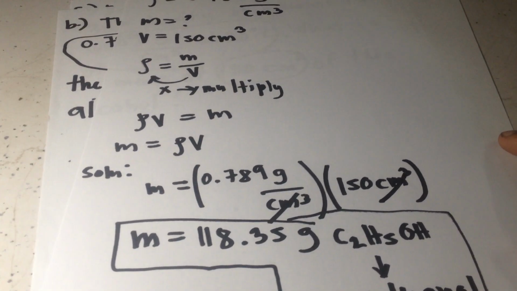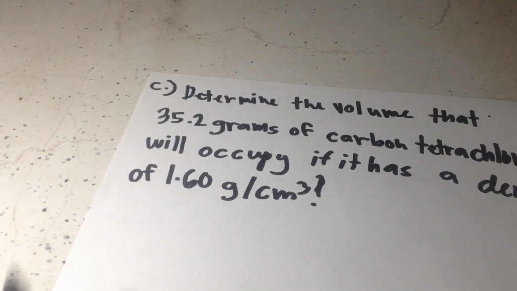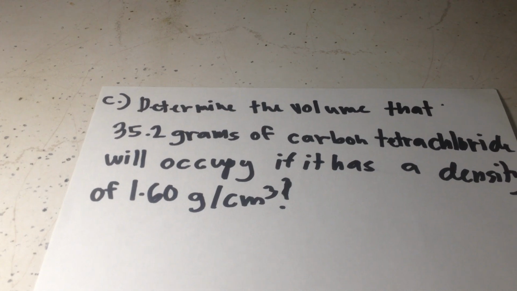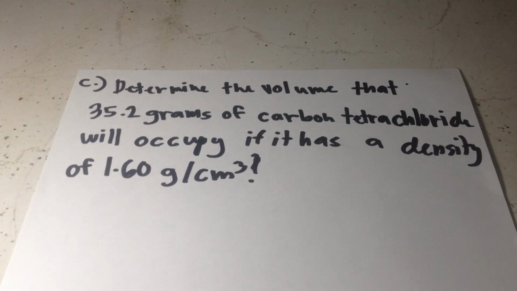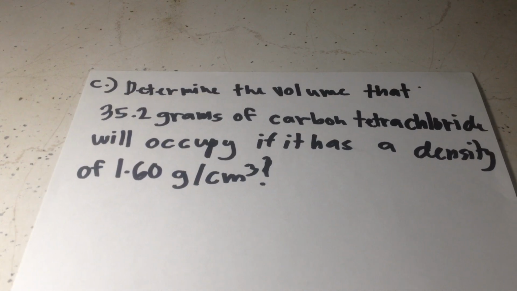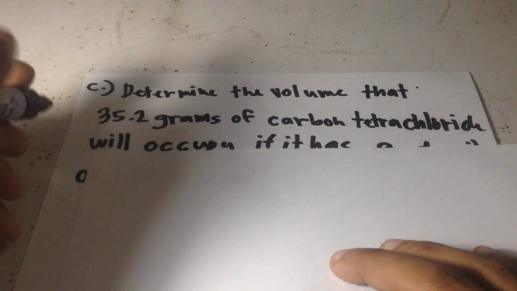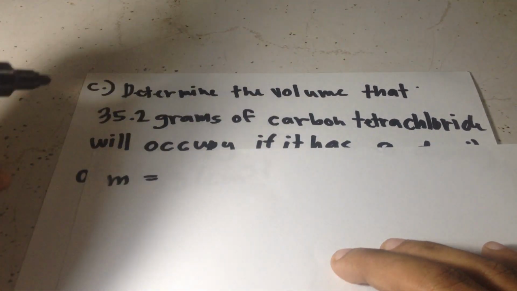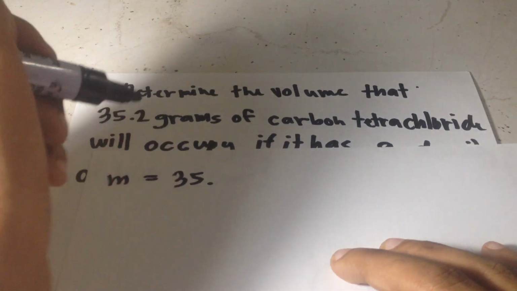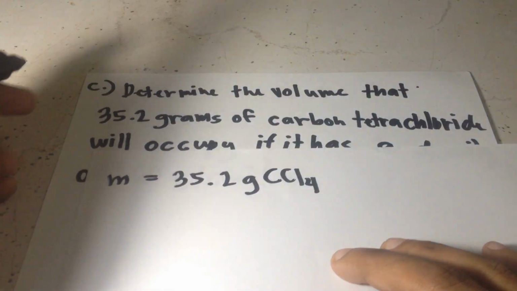So that's it. Then how about letter C? Letter C is another problem. Determine the volume that a mass of 35.2 grams of carbon tetrachloride will occupy if it has a density of 1.6 grams per cubic centimeter. The mass is already given: 35.2 grams of carbon tetrachloride.